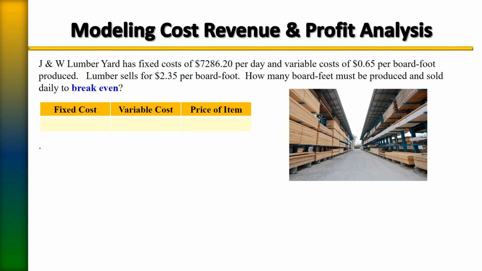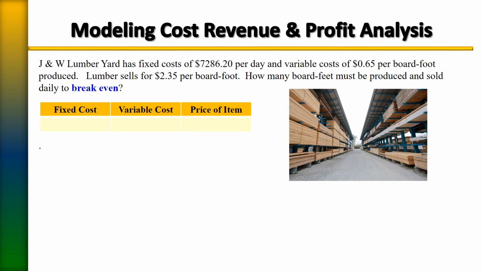Well, let's first begin by filling in our chart here so we can identify our correct values. So first, let's identify fixed costs. Now recall the fixed cost is a cost that a business incurs.